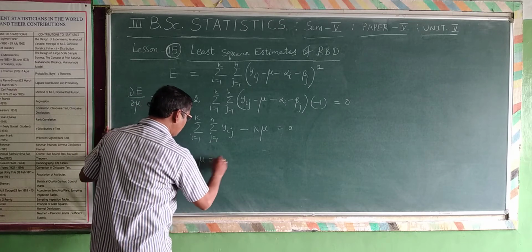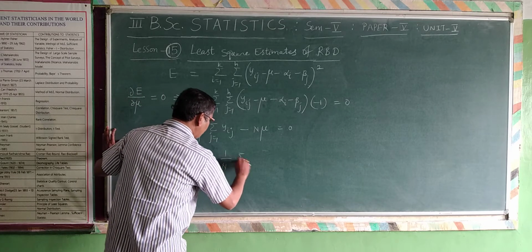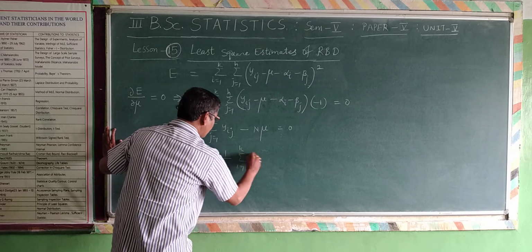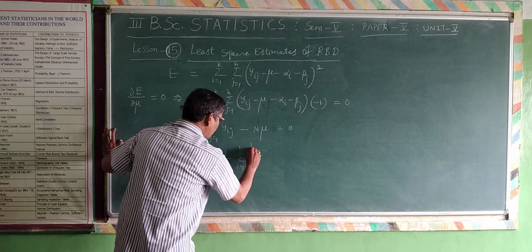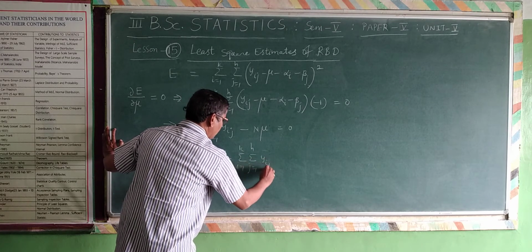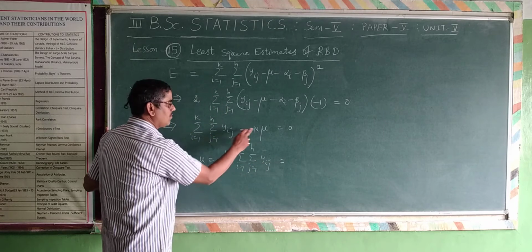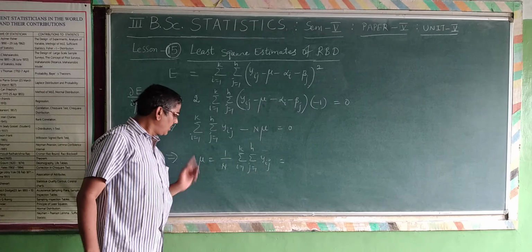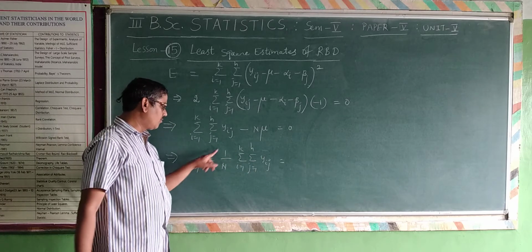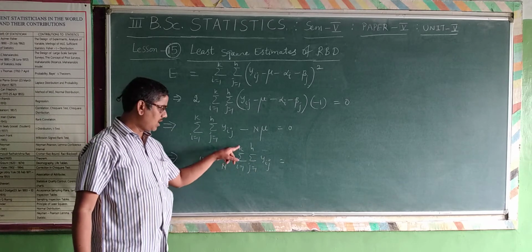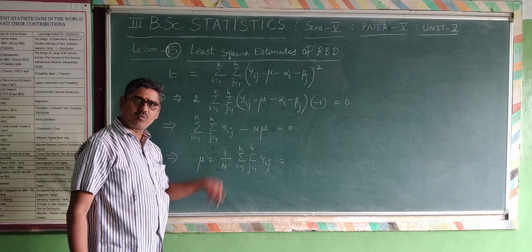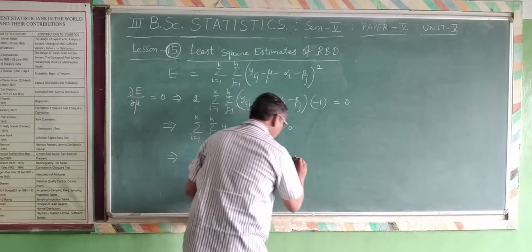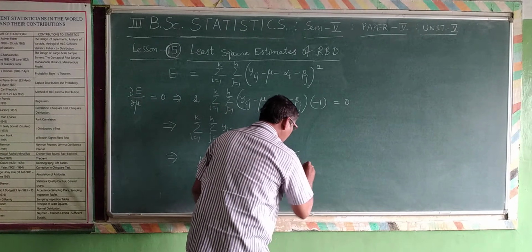So mu is equal to 1 by capital N, summation i is equal to 1 to k, summation j is equal to 1 to h, Yij. I have taken minus N mu, on the right hand side it will be plus N mu, and then I have calculated mu as 1 by capital N, summation i, summation j, Yij. What is this formula? Mean, overall mean, y bar dot dot.